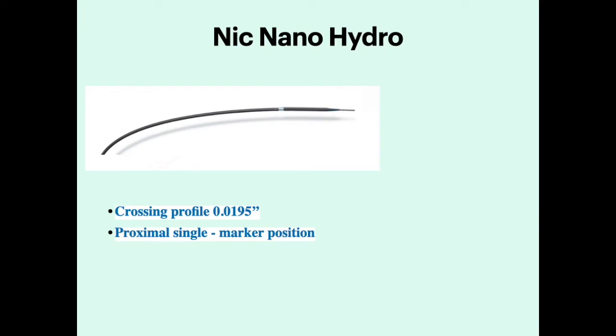The balloon has a proximal single marker, and this facilitates entry of the balloon. The balloon is more or less a non-compliant balloon, although it's a miniature balloon. If you're familiar with the OPN balloon, we can call this the micro OPN balloon, because it can go up to more than 20 atmospheres, 23 atmospheres.